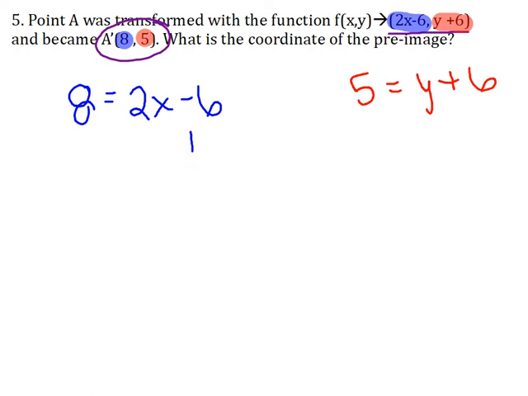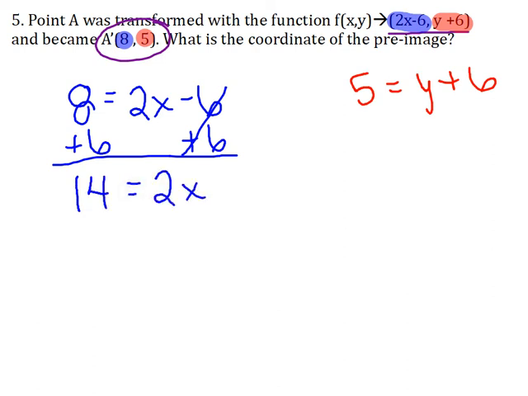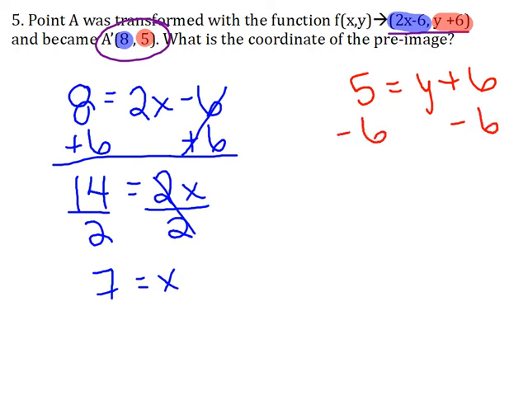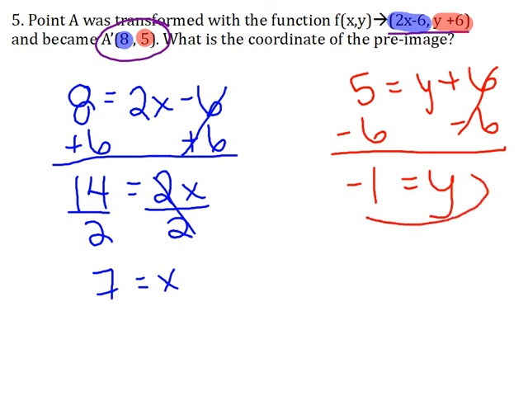Now we can go through and solve. So I'm going to solve like a regular two-step equation. 8 plus 6 is 14, equals 2x. Divided by 2, 14 divided by 2 is 7, and that equals our x value. Then for our y, subtract 6. 5 take away 6 is negative 1, and that is our y value.